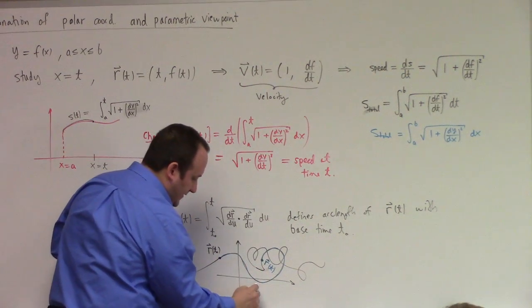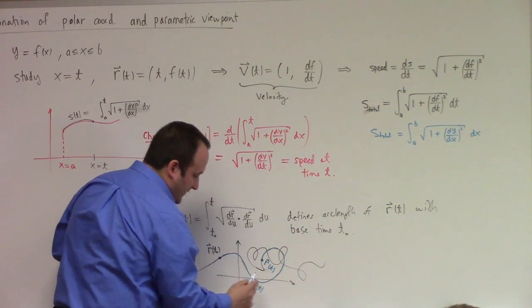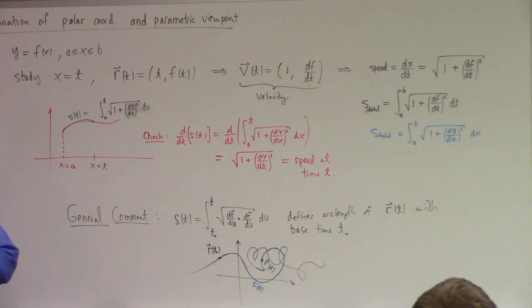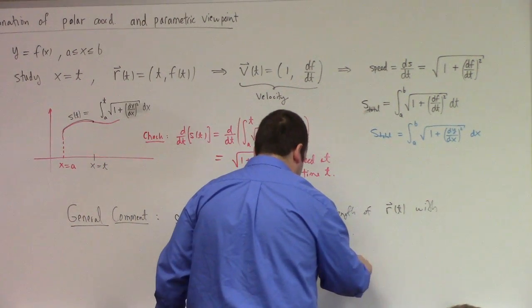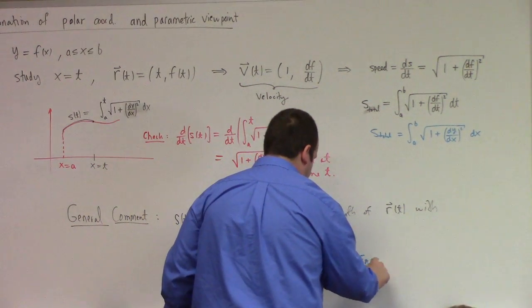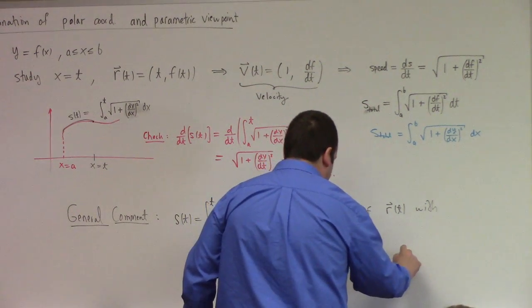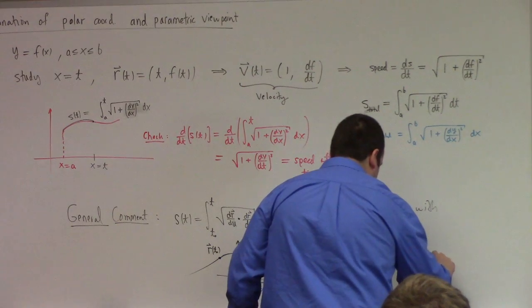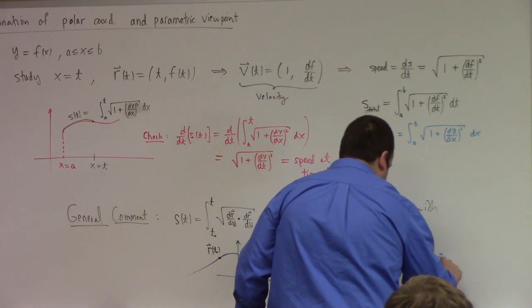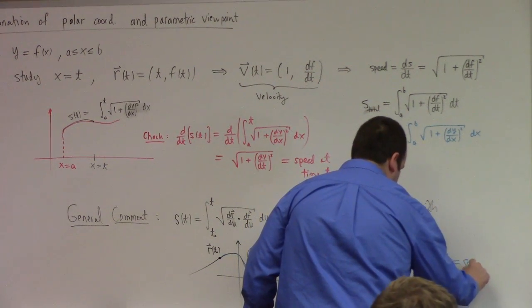So this arc length is s of t. It's a function of t. As t goes on, the arc length increases, right? And you can prove, as a fun fact, that we just derived it for the specific example, but it's generally true, that ds/dt is equal to the length of dr/dt, aka the speed.